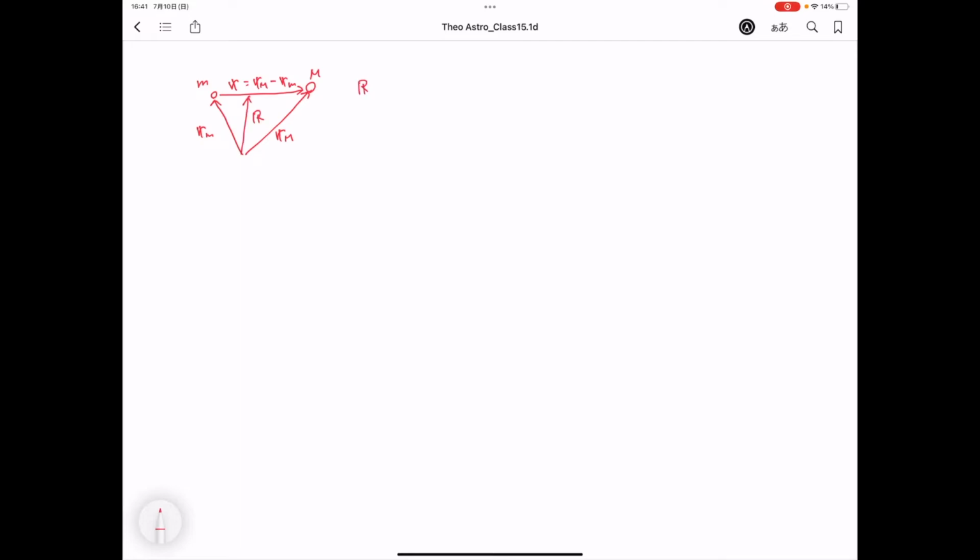So the center of mass is expressed as m times r sub m plus capital M r sub capital M over m plus capital M. From this expression, you can find the position vector for the large particle, R plus m over m plus capital M times the relative vector of the lowercase r vectors. From this equation, you can take the derivative with respect to time. So V sub m is expressed as V plus m over m plus capital M times v.